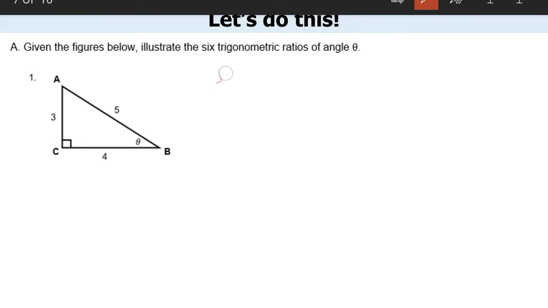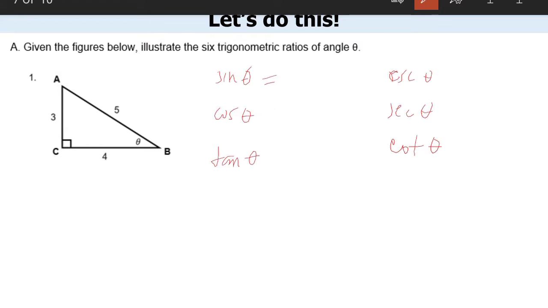So the 6 trigonometric ratios are sine theta, cosine theta, tangent theta, and the reciprocal of sine is what? Cosecant theta. The reciprocal of cosine is secant theta, and the reciprocal of tangent is cotangent theta.